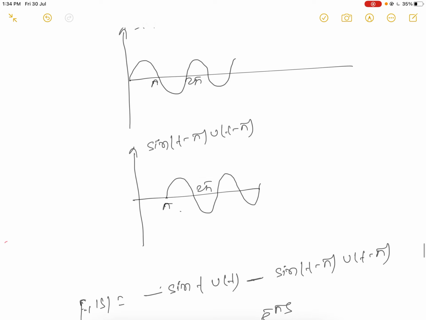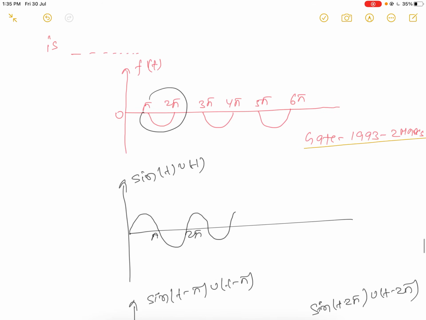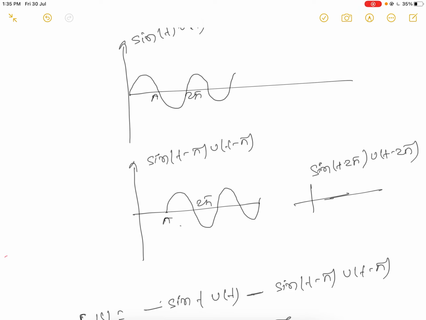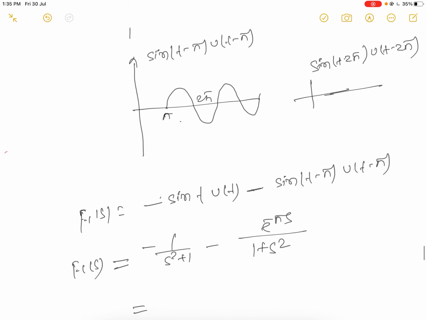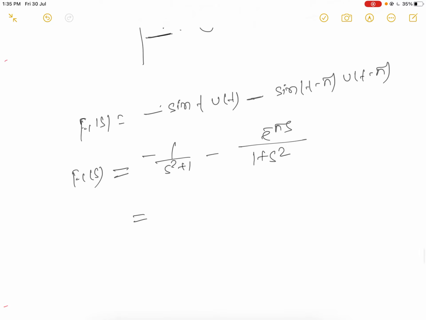Now when you take the negative once again, sin(t minus 2 pi) u(t minus 2 pi), then from this instant, take the negative of this one and subtract from this one, and you will get this node.